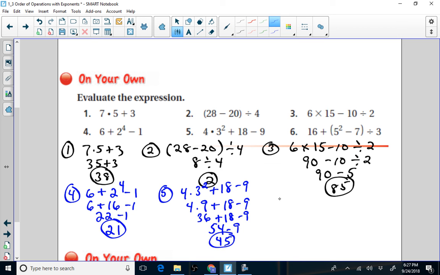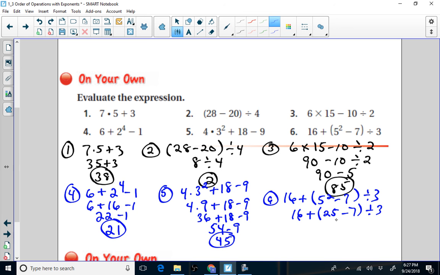And then problem 6. Oops. Let's undo that. 16 plus (5 squared minus 7) divided by 3. Parentheses first. But in the parentheses, I have to do my exponent first. So recopy the 16. 5 squared is 25 minus 7, divide that by 3.